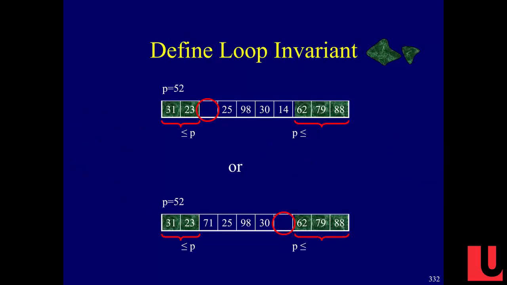All right, so we need a loop invariant. And the loop invariant is going to have to say where we put the smaller ones, where we put the bigger ones, where we put the guys we haven't looked at yet, and how we store them. And so our data structure is: the smaller ones will be on this side, the bigger ones on this side, and the ones you haven't looked at in the middle. And we're going to have a hole. Why do we have a hole?